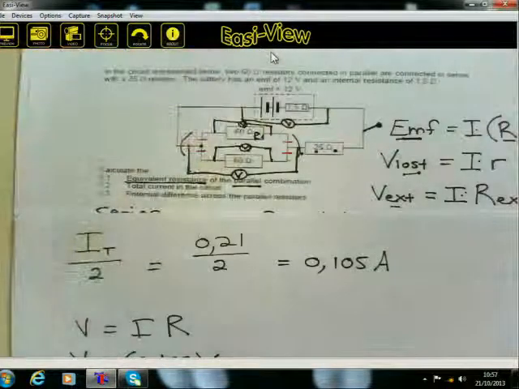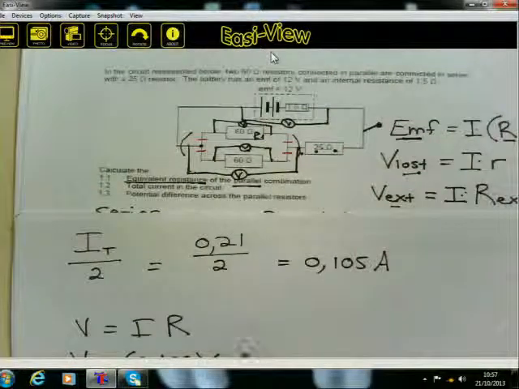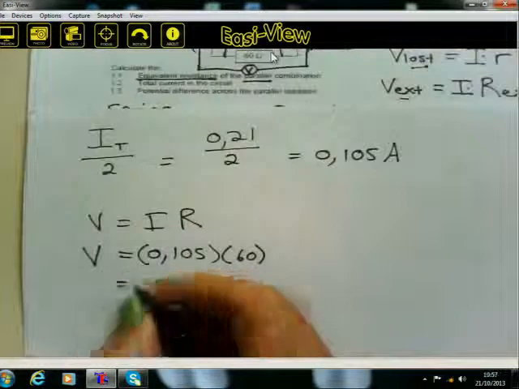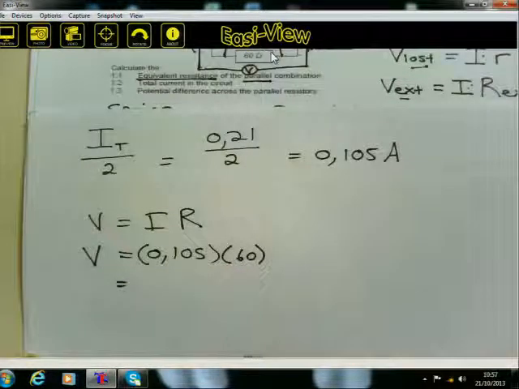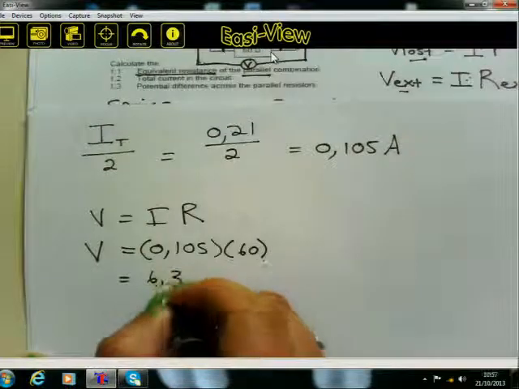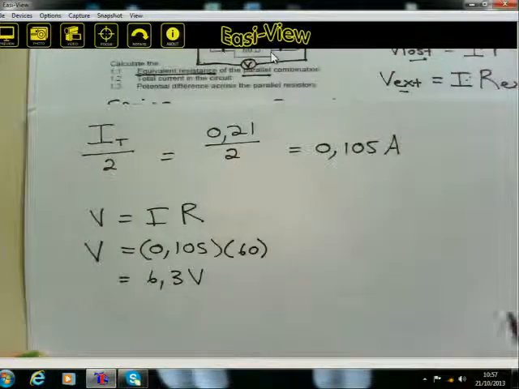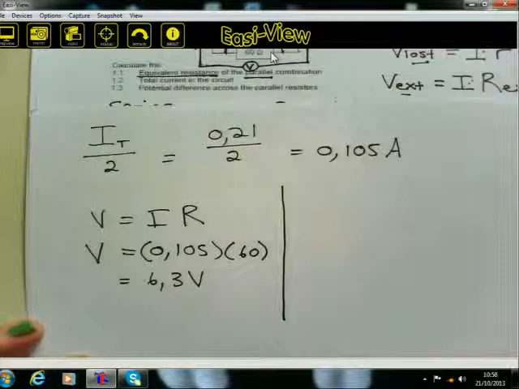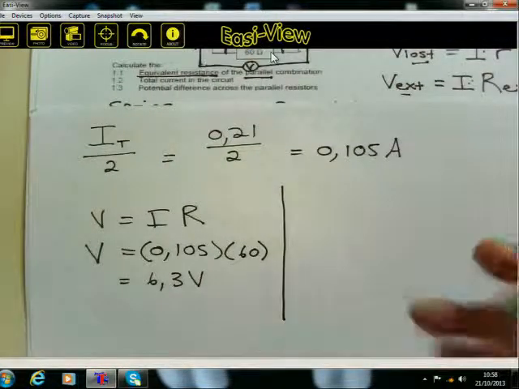Only 60 ohms. And if you substitute that, you will see that you end up with 6.3 volts. Okay, that's option 1. Let's look at option 2. You might find this one a little bit easier.